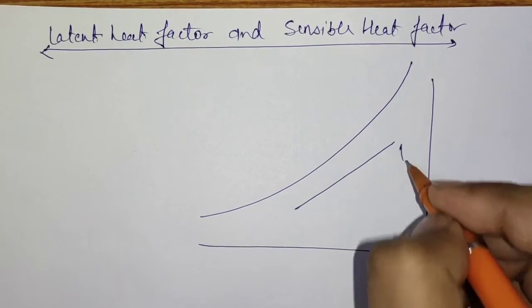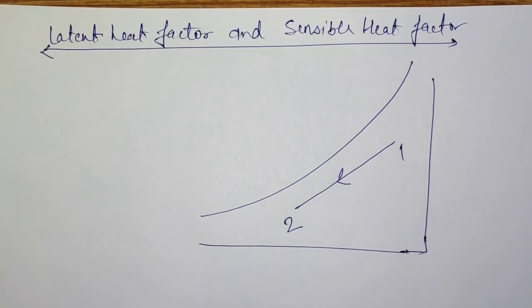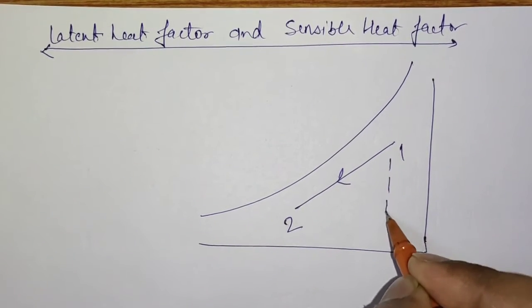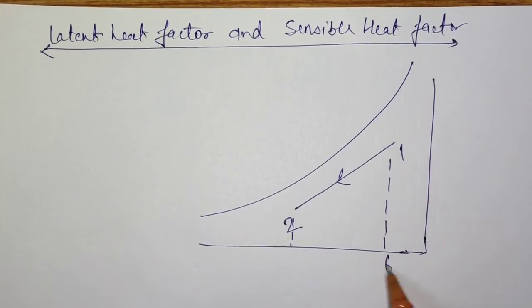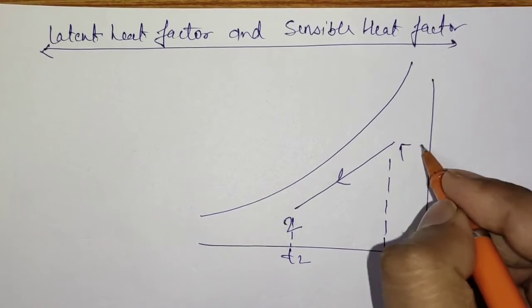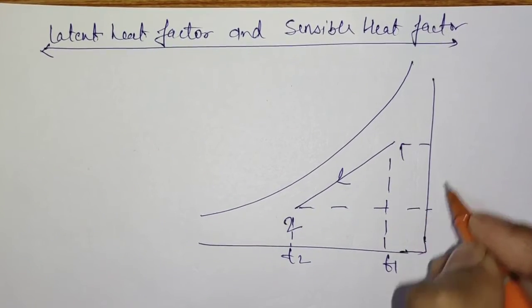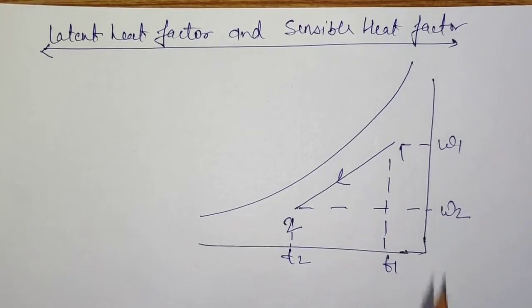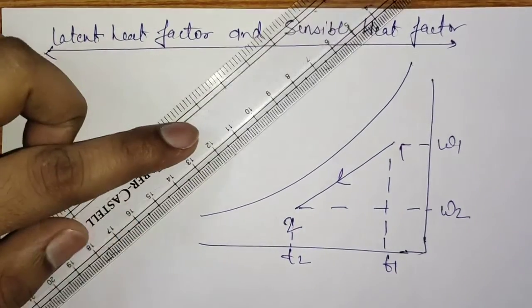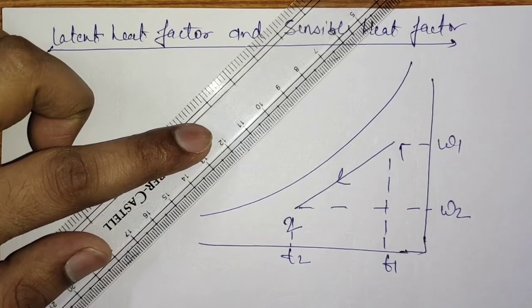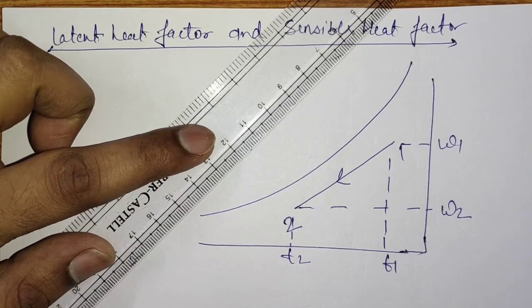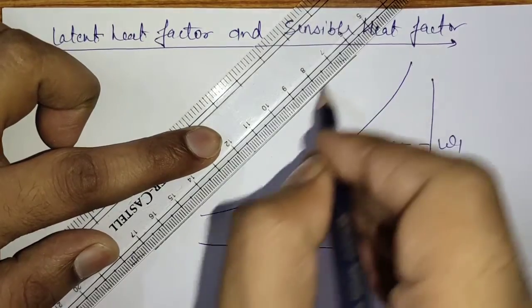If this is some certain process 1 to 2, in which the temperature is changing from T1 to T2 and specific humidity is changing from omega 1 to omega 2, there is one more thing that can be understood while the process is happening, that is enthalpy.